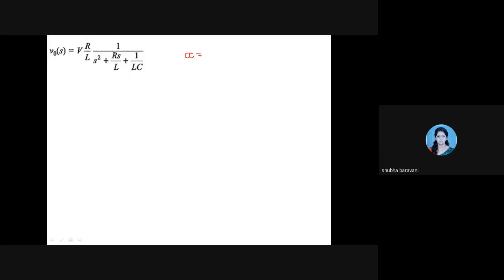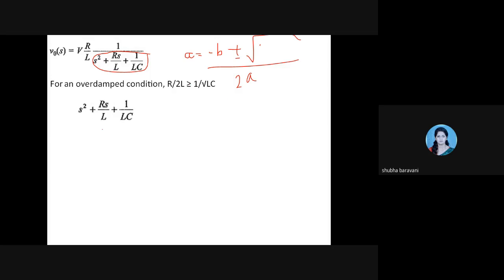Remember, minus b plus or minus square root of b square minus 4ac, divided by 2a. So the roots of this equation would be, finally, alpha and beta.